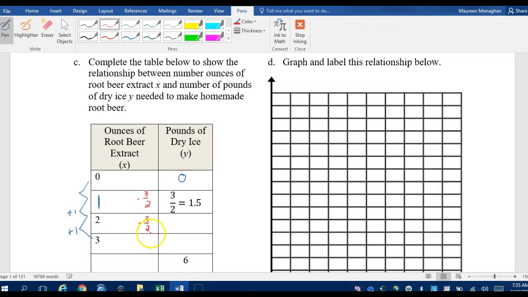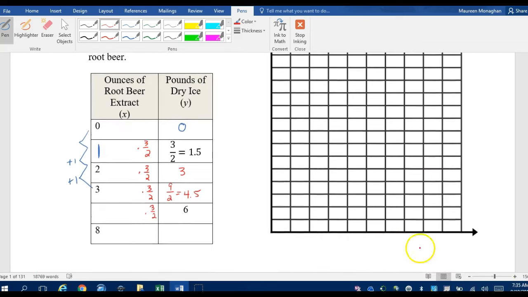That's what we're going to be using each time. So if you want to, you could just go through here and fill this in. You're multiplying this number by 3/2 every time. Well, 3/2 times 2 would give us 3. That's 9/2, which you can also write as 4.5, whatever works for you if you prefer decimals. 1, 2, 3.